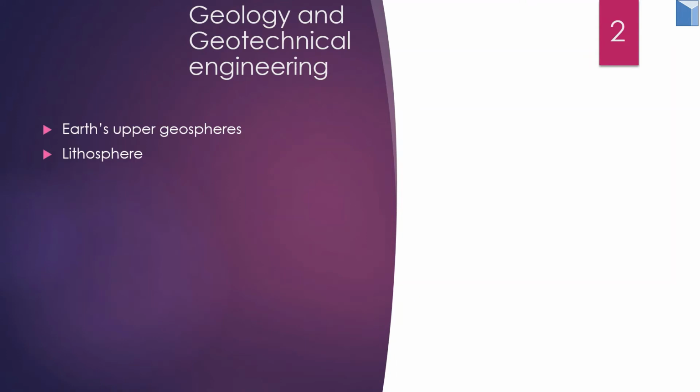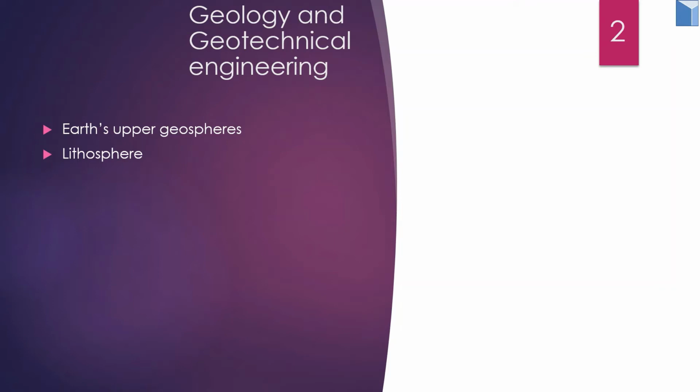The lithosphere is the uppermost part of the crust, which is solid and cold rock. The lithosphere is also a part of the crust of the Earth, which is also spherical. We are going to study the crust of the Earth when we deal with the lower spheres of the Earth.